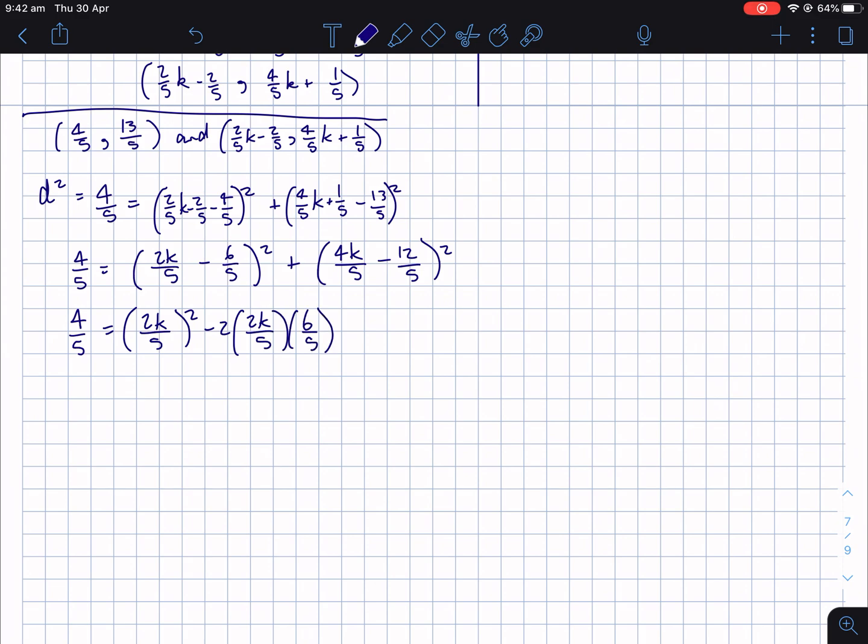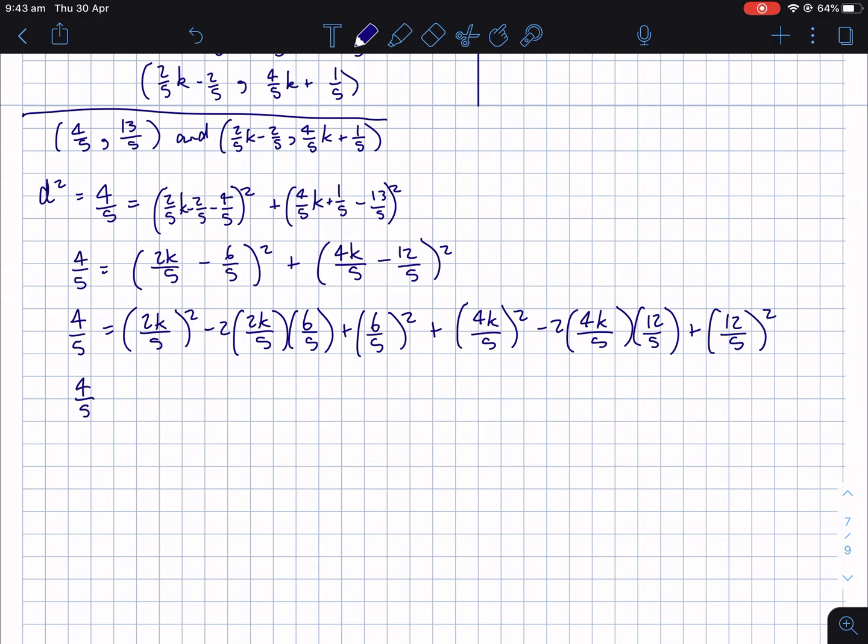I've already dealt with a negative by putting the minus 2 out front. Plus 6 on 5 squared plus 4k on 5 squared, take 2 times 4k on 5 times 12 on 5 plus 12 on 5 squared.